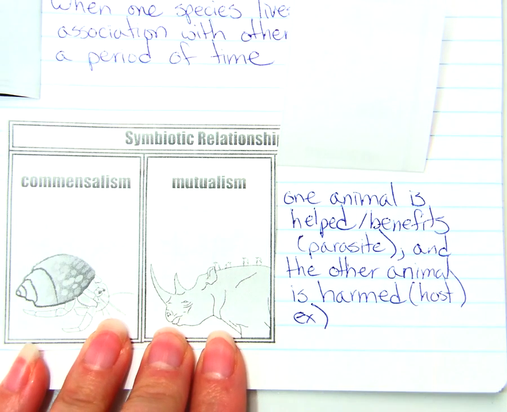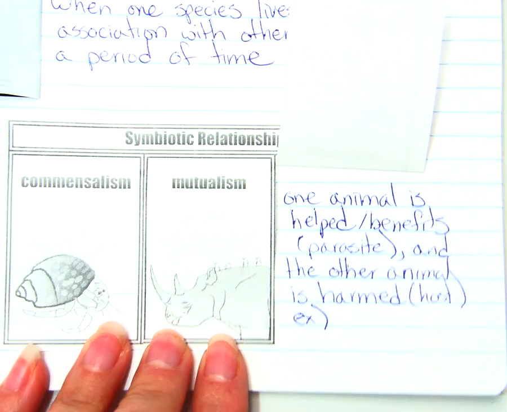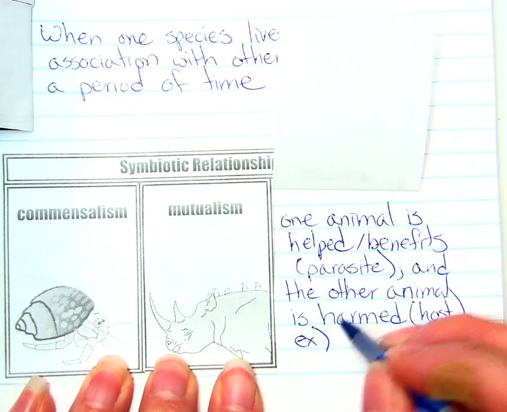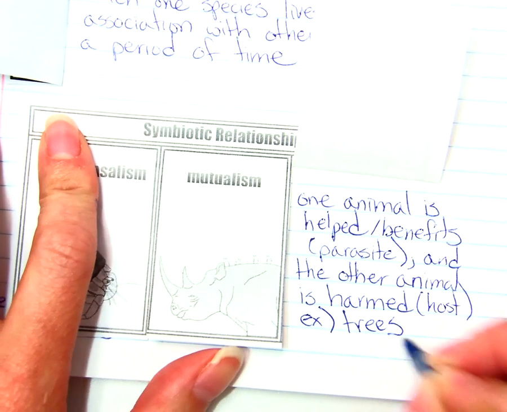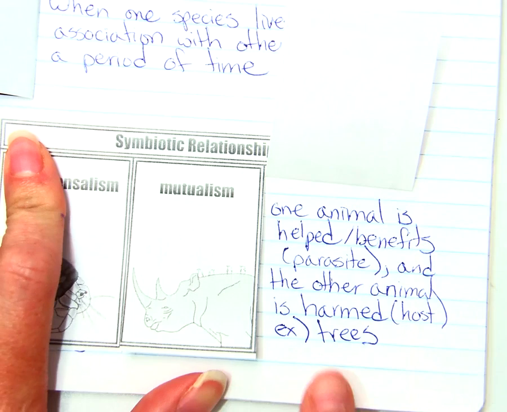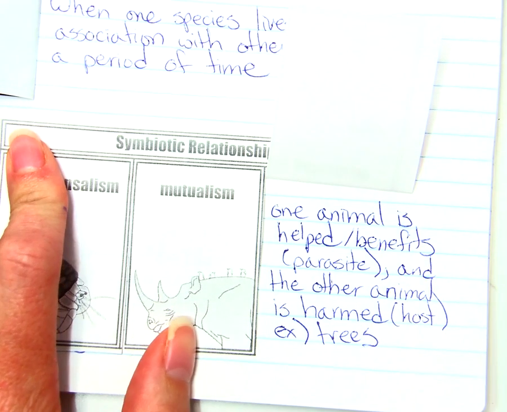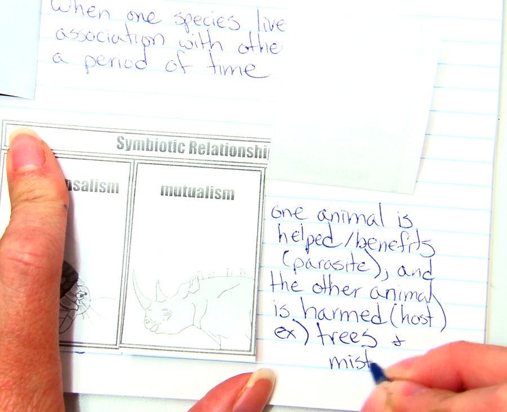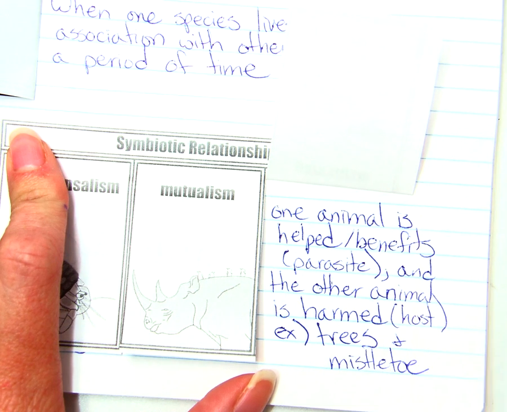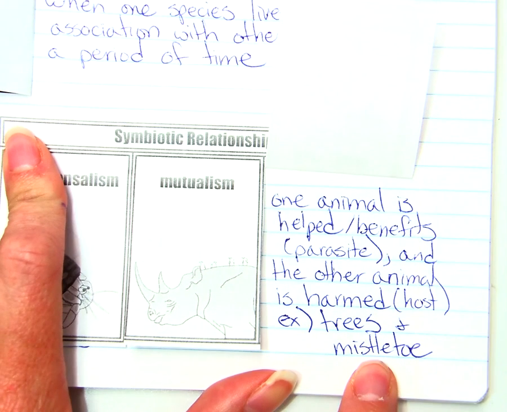Another example of a parasite, there are plant parasites. So trees would be the host. And mistletoe.